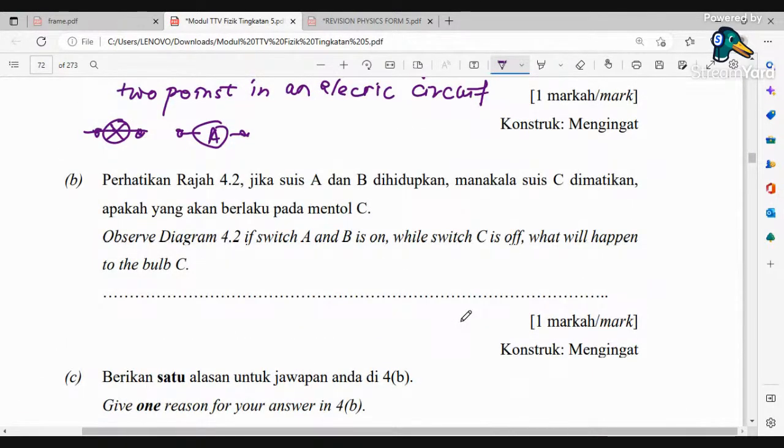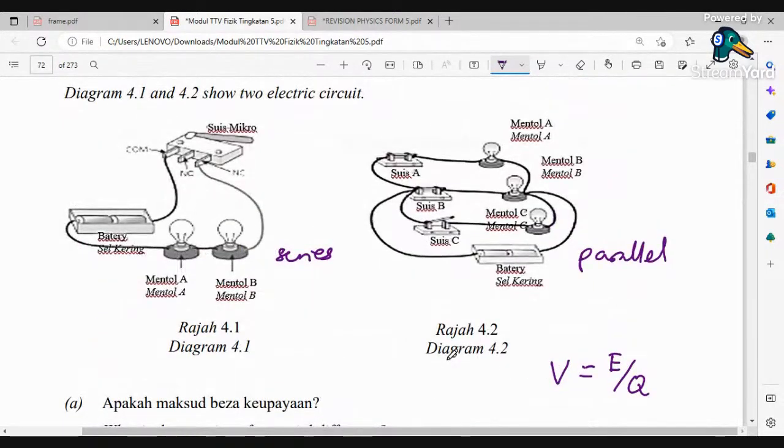Dimatikan. Kalau dia off switch itu, maksudnya ialah it does not light up lah.